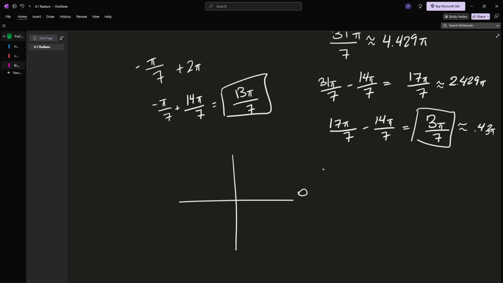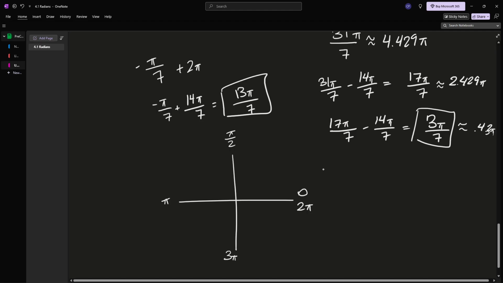We know that a full circle is 2 pi, so it's also 2 pi. And half a circle we determined earlier is just pi. We want to fill in the gaps. So from 0 to pi, halfway must be pi over 2. And from pi to 2 pi, halfway must be 3 pi over 2. So these are my 4 cardinal directions.